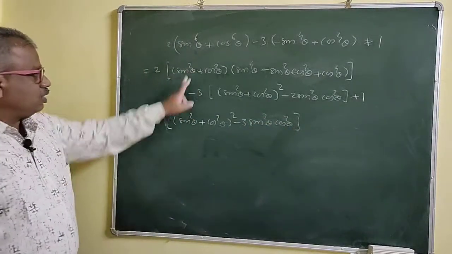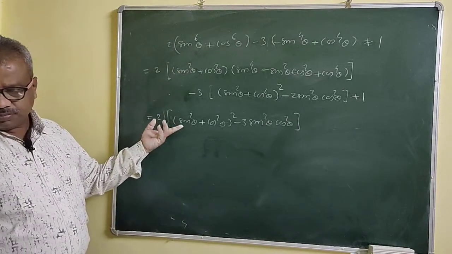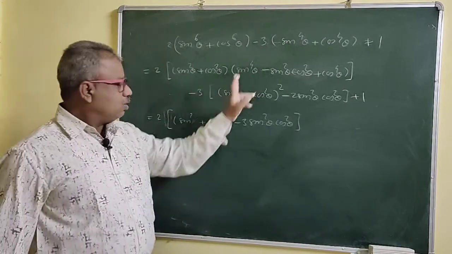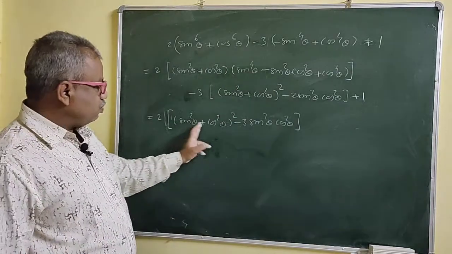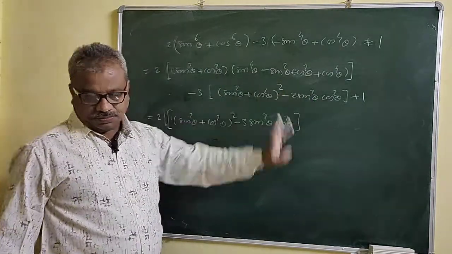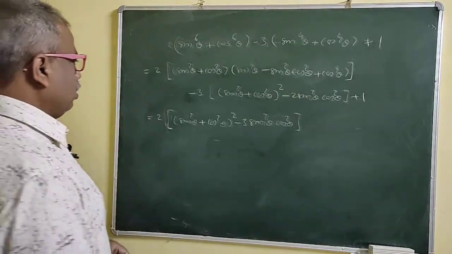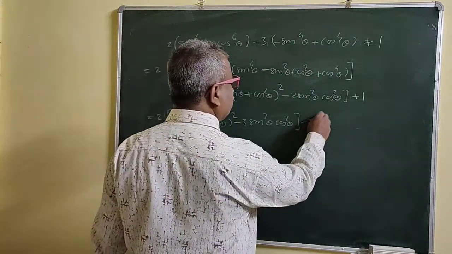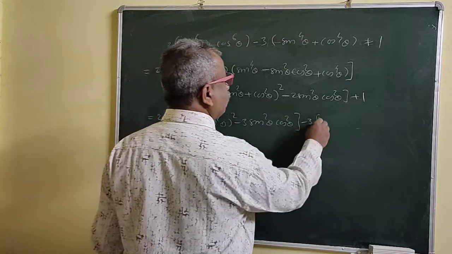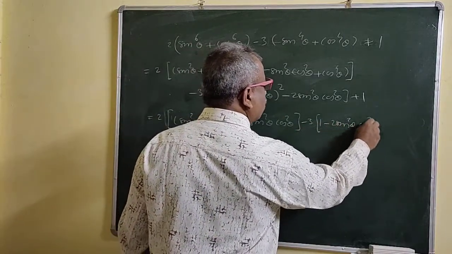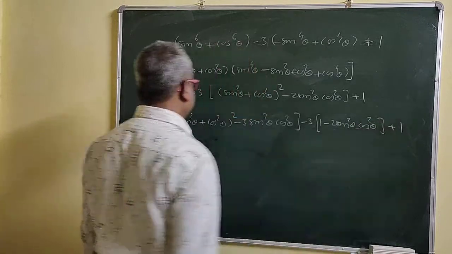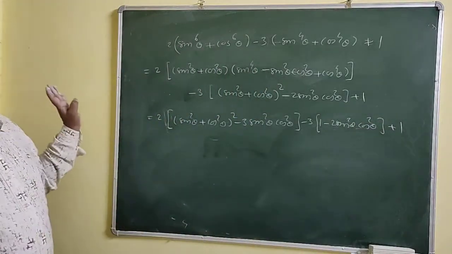So if you simplify this, see whether you get this or not. If you simplify this, we must get this. So we are getting this. Then minus 3. So this will be 1 square is 1, minus 2 sin square theta cos square theta plus 1. Now open all the bracket.